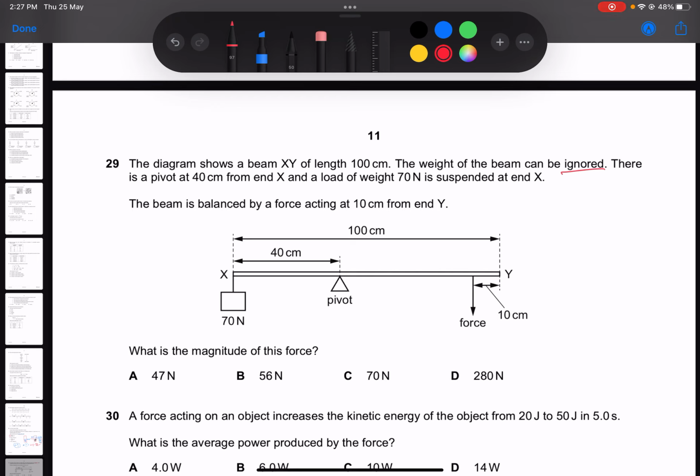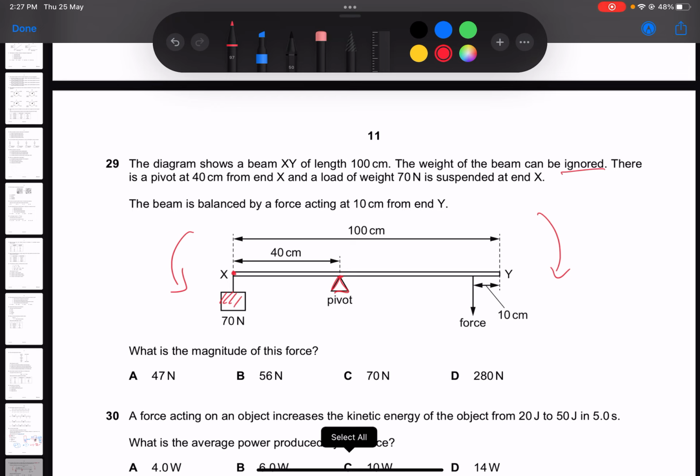There is a pivot 40 centimeters from end X, and a load of weight 17 newtons is suspended at end X. So we have a pivot here, the point where it will rotate. This is counterclockwise and this is clockwise. End X is 40 centimeters from the pivot, and it has 17 newtons suspended here, the load, object, box, or whatever it is.